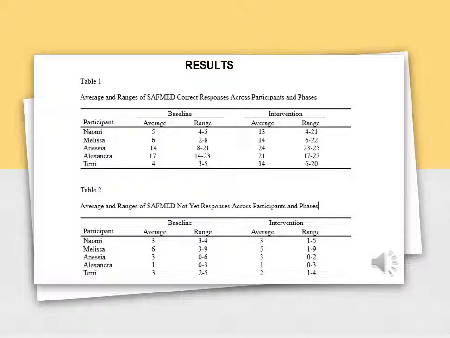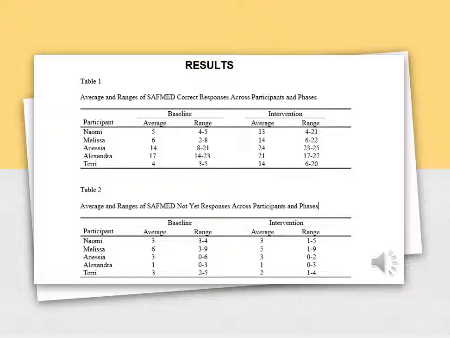Regarding intervention, the average for Naomi was 3, Melissa 5, Anessa 3, Alexandra 1, and Terry 2. Additionally, the range for Naomi was 1 to 5, Melissa 1 to 9, Anessa 0 to 2, Alexandra 0 to 3, and Terry 1 to 4.